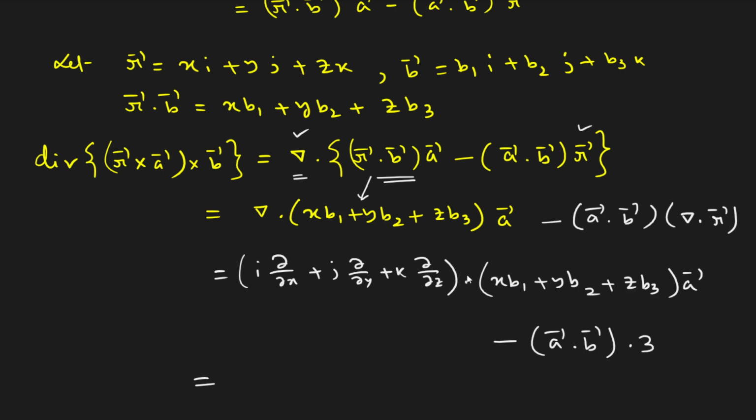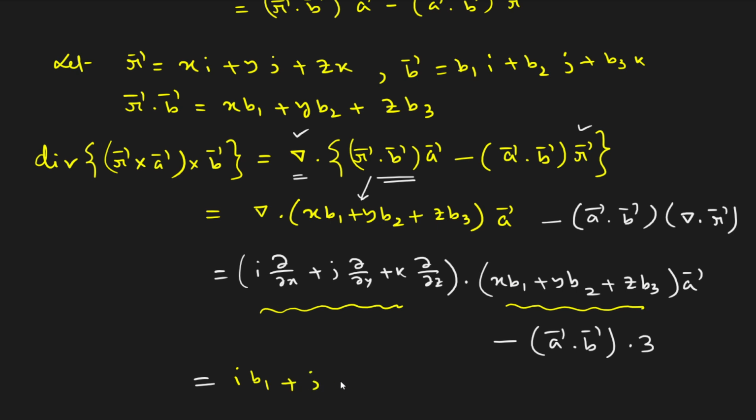Now here the first term is interesting. This dot will be with a bar, because a bar is a vector quantity and this is not a vector quantity. So we'll operate this with this one first and take the dot product with a bar. If we differentiate it, what will we get? I into del/del x of x b1, which is only b1, and the other terms will be 0 because there is no x.